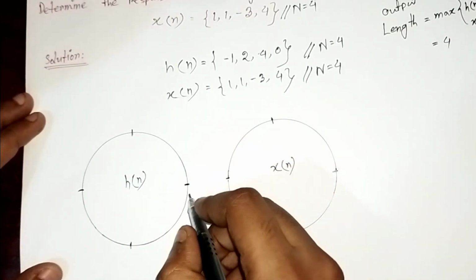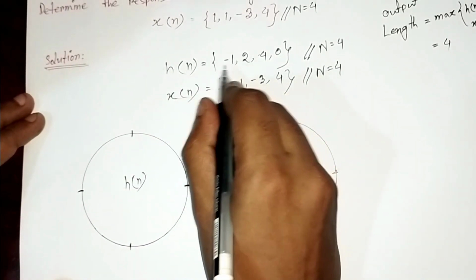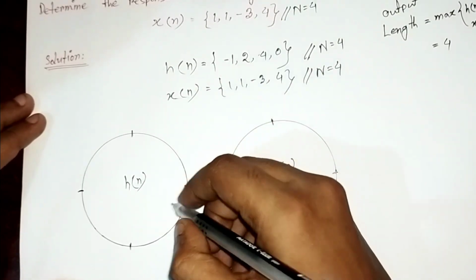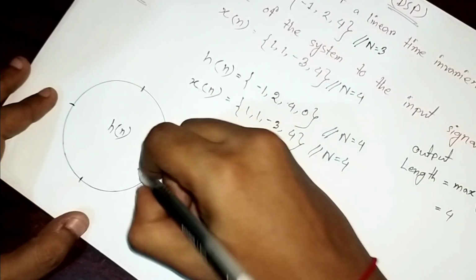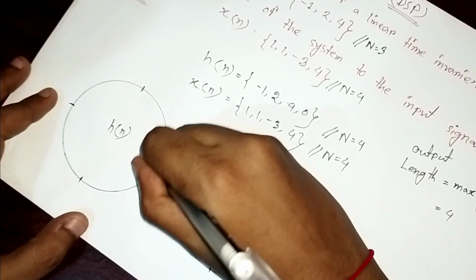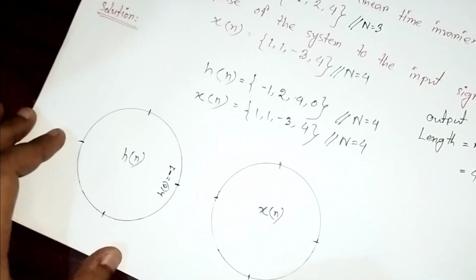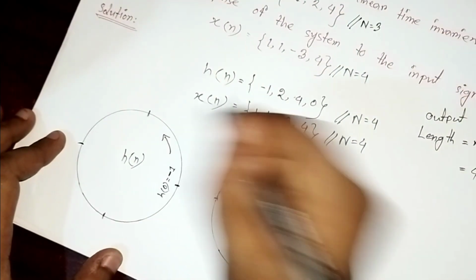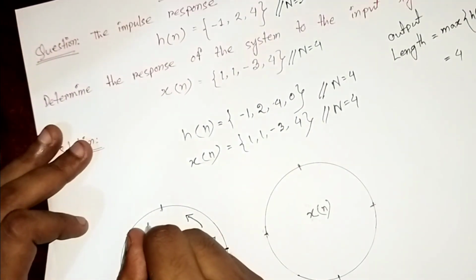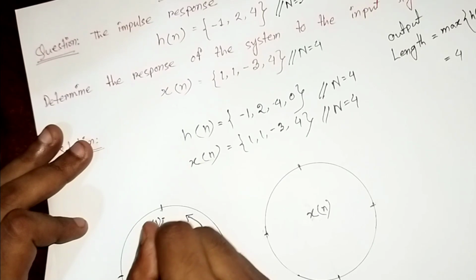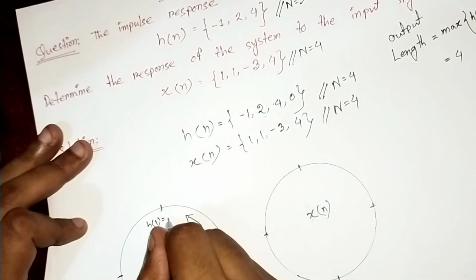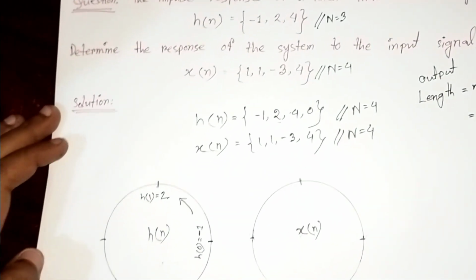I'll just show you what I mean. First component of the h of n is -1, so this will become h of 0 equal to -1. Then in the anti-clockwise direction, this will be h of 1, that is 2, okay?